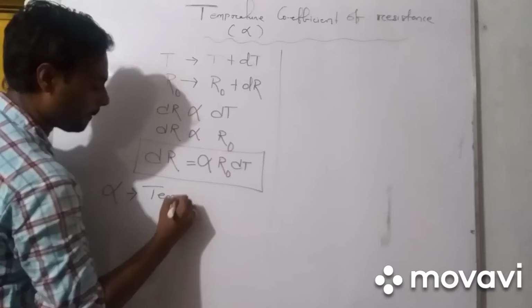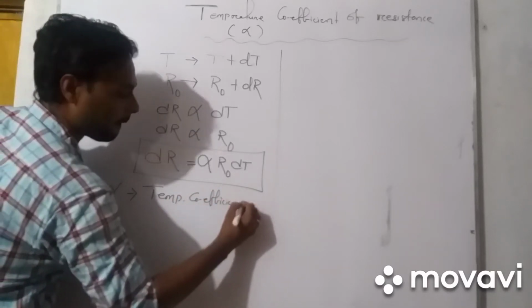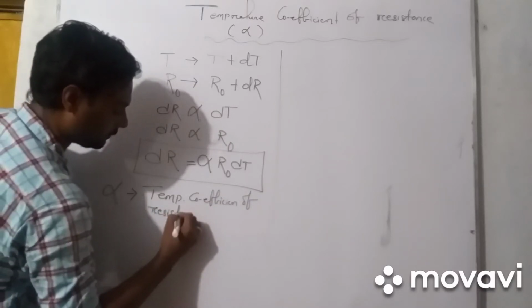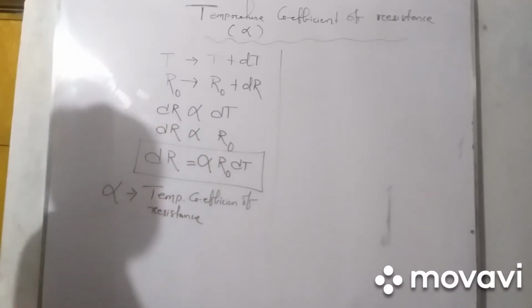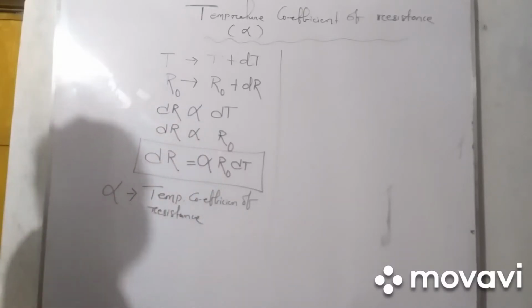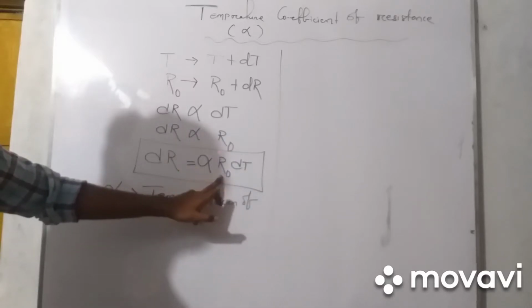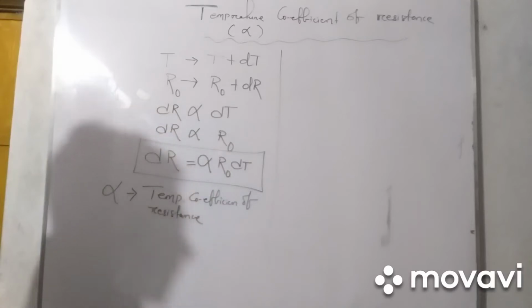This is the main formula: the change in resistance is equal to the temperature coefficient times the initial resistance times the change in temperature. Clear?